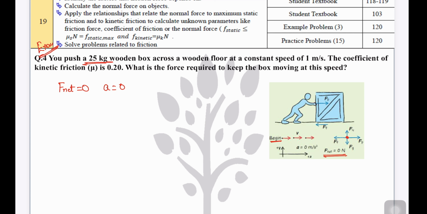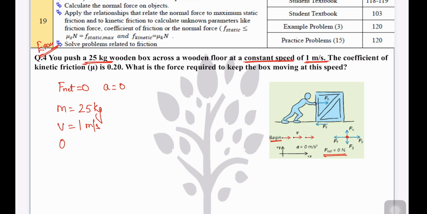Mass 25 kg at a constant speed of 1 meter per second. Velocity is given. The coefficient mu is given, mu equals 0.20. What is the force required?